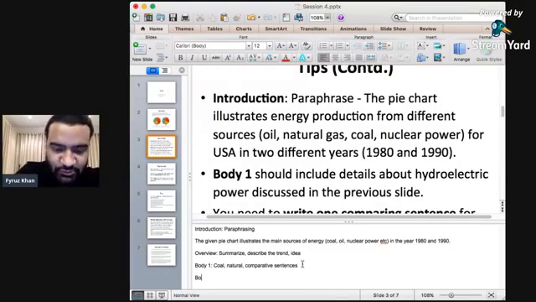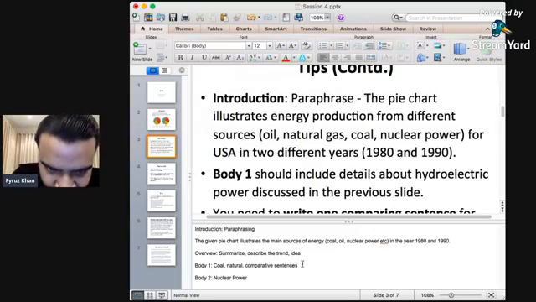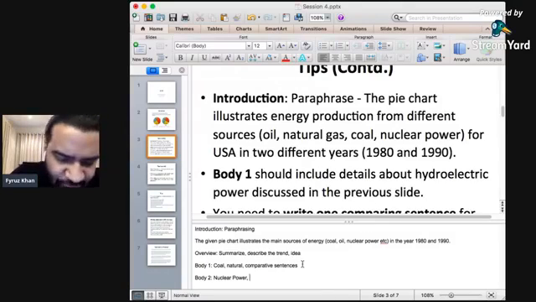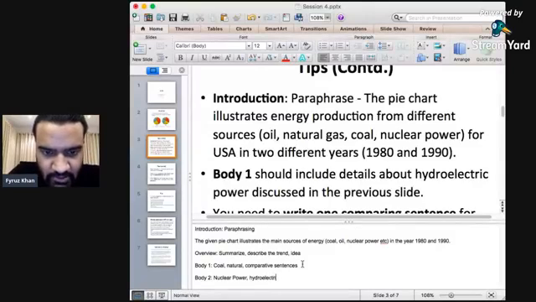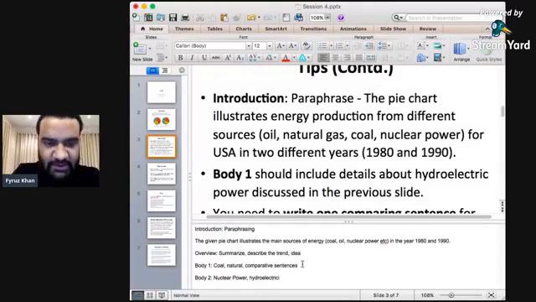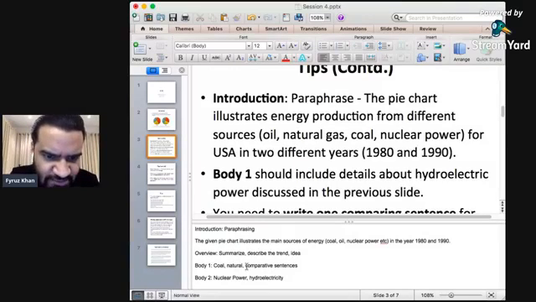In body two, however, we're going to talk about nuclear power, and I think that's hydroelectricity, if I'm not mistaken. So coal and natural gas, or was it coal?